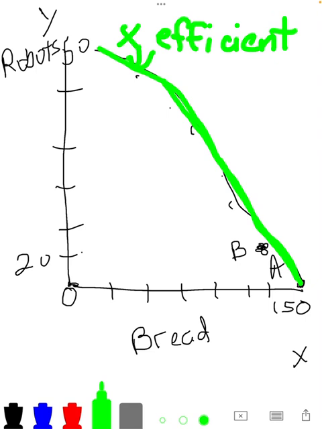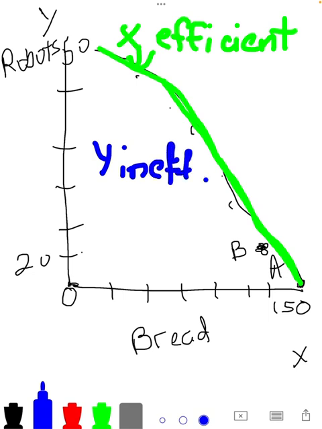Anywhere inside the curve, below the green line here, this is point Y, and it is inefficient. It means that you are not using all your resources. I'm going to abbreviate here because I'm just drawing this to help you understand how to do this assignment. Point Y is anywhere in this area below this green line.